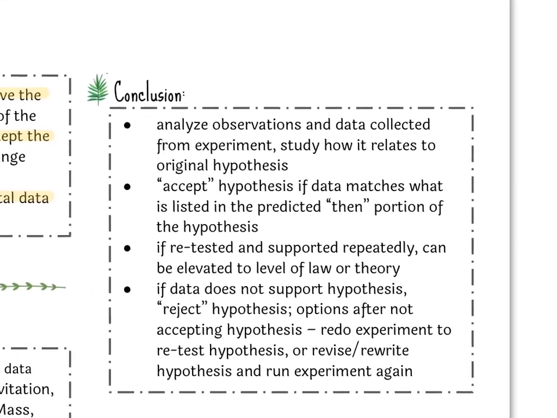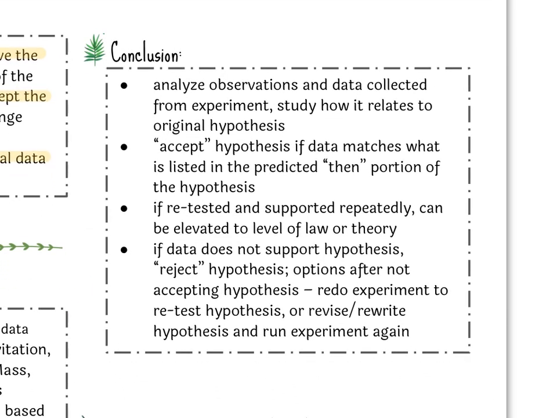So moving on to the final part of the experimental design that we're going to talk about, the conclusion. The purpose of the conclusion is to analyze observations and data collected from the experiment. Like I was saying earlier, you're not going to come up with a hypothesis, come up with the experimental design, run the experiment, collect all this data, and then do nothing with it.